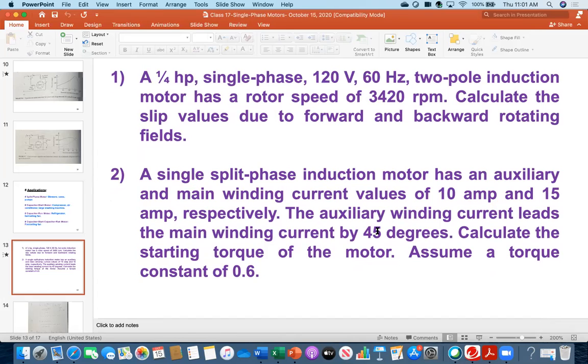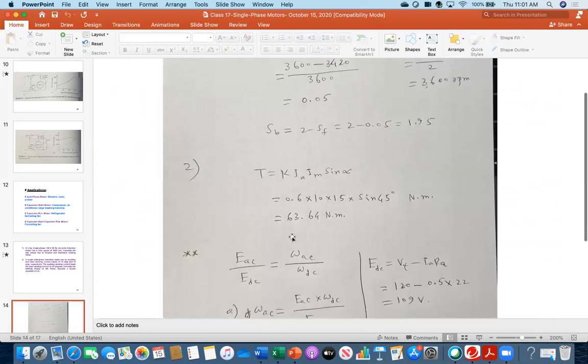So alpha is the angle between auxiliary winding current and main winding current. It says leading because definitely it is a split phase type, and in fact for any type of motor the auxiliary winding current will always lead the main winding current, whatever the amount of angle is. That's why you are getting 63.64 Newton meter.